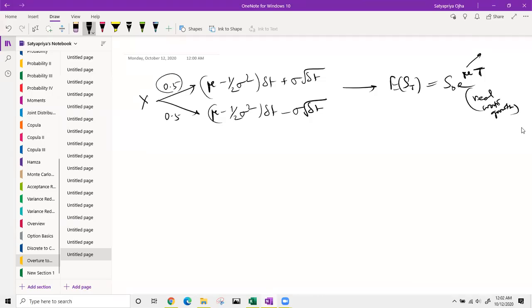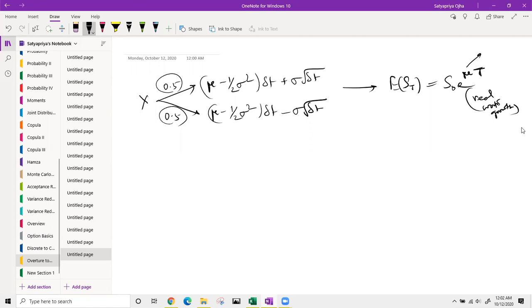These are the real world probabilities. How do we go from real world probability, or rather real world growth rate, to risk neutral growth rate? Our technique so far has been change the probability. Change the probability in such a way that the growth would be risk-free rate.